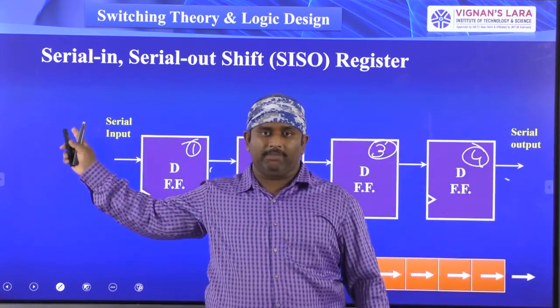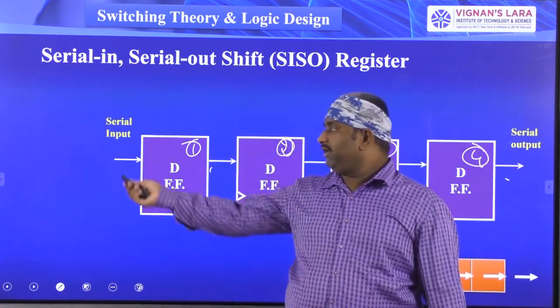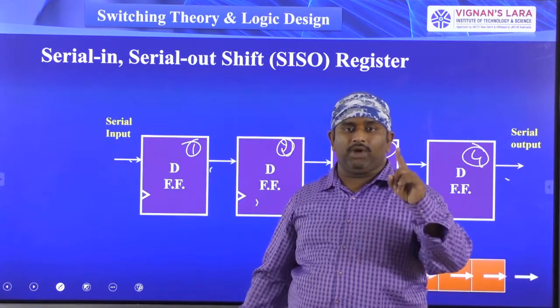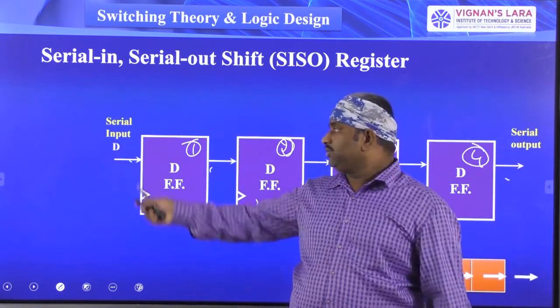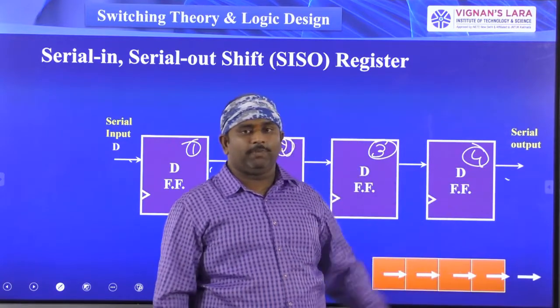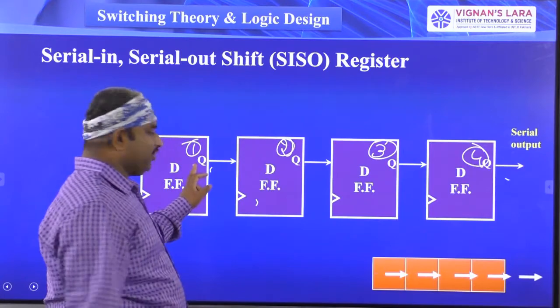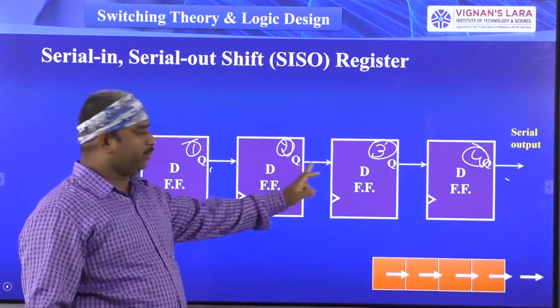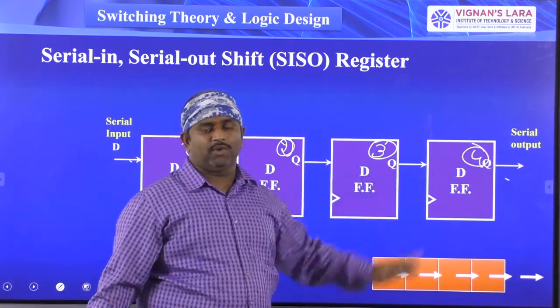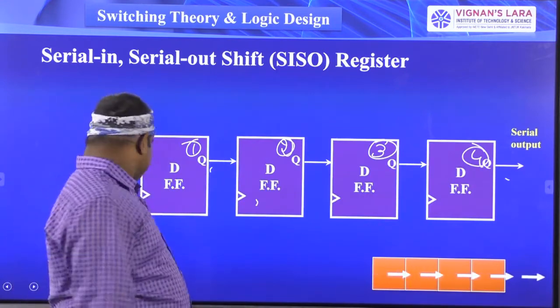These are the D flip-flops. At the input I am giving only one bit of information at a time, which is called D, and I am collecting the output Q. See here, first flip-flop output Q, second flip-flop output Q, third and fourth flip-flop outputs Q. Right, now let us see.